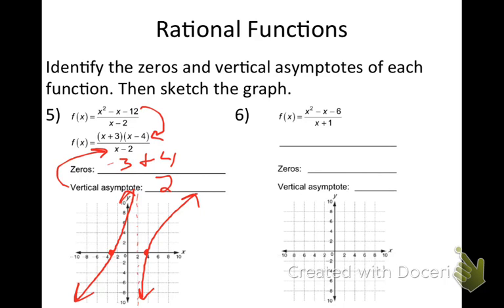So number 6 here. X squared minus x minus 6. How would that factor down? How's my numerator factor there, John? So I get x minus 3 and x plus 2 all over x plus 1. Where are my zeros located here then, Mark?